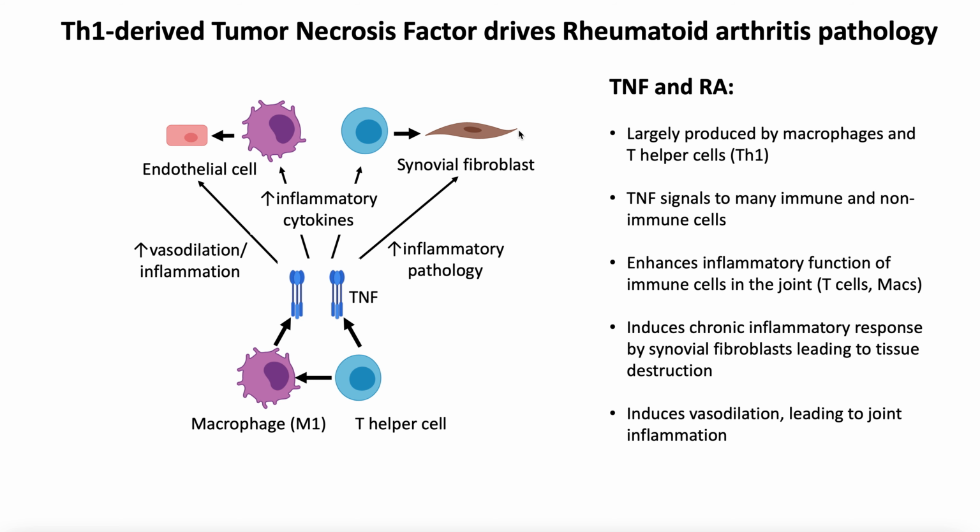It can act directly on synovial fibroblasts to induce inflammatory pathology and synovial thickening. It can act on endothelial cells to induce vasodilation and enhance the recruitment of inflammatory immune cells. And it can act on macrophages and T cells to induce a cycle of inflammation within the joint.